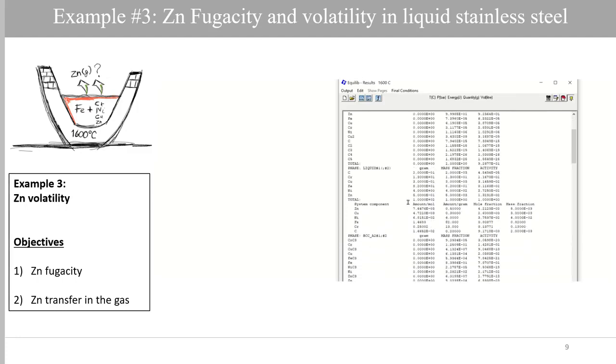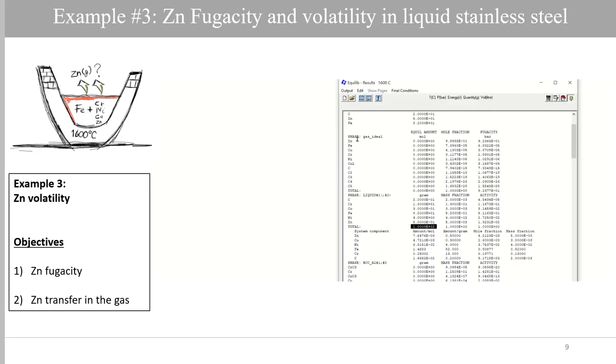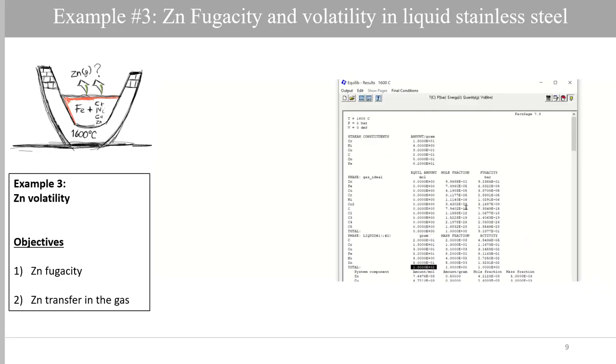So I have a 100-gram basis, and I have 100 gram of liquid metal that contains all my elements. And at the top of our result menu, you can see the chemistry of the gas phase. And without any surprise, you see that zinc has a fugacity that is really close to 1, which means that the gaseous vapor is close to form.